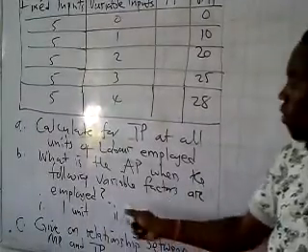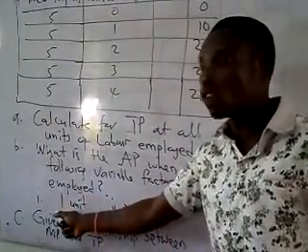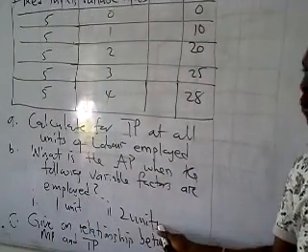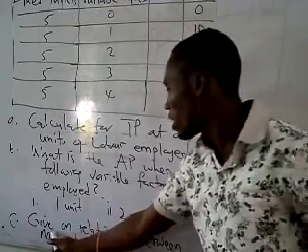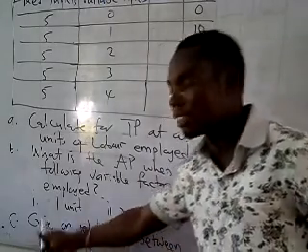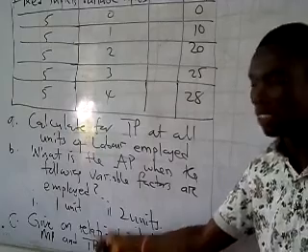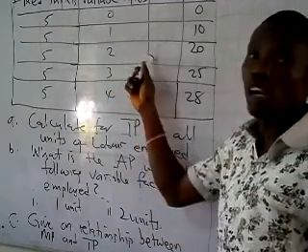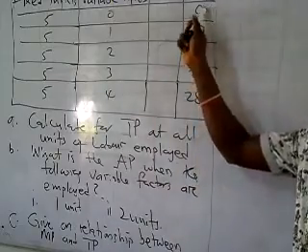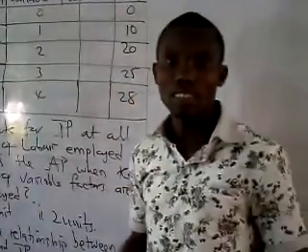It means we are going to calculate the average product when 1 unit of the variable factor was employed, and then 2 units. And then we give one relationship between the marginal product and the total product. Here you just look at the table carefully, and then you state the relationship between marginal product and total product.